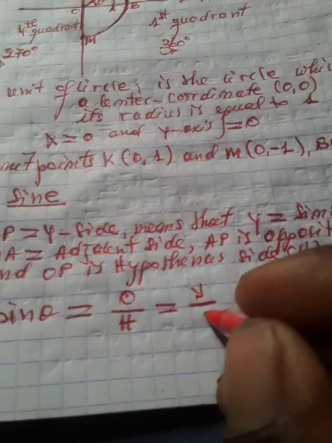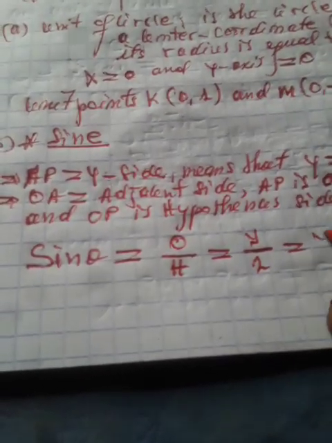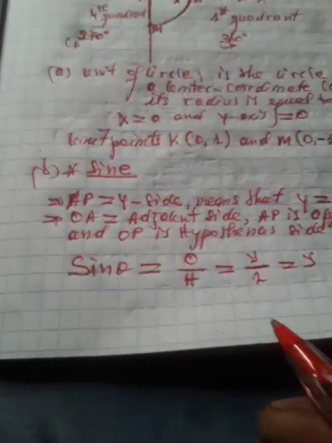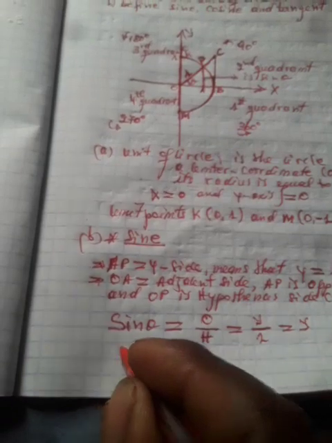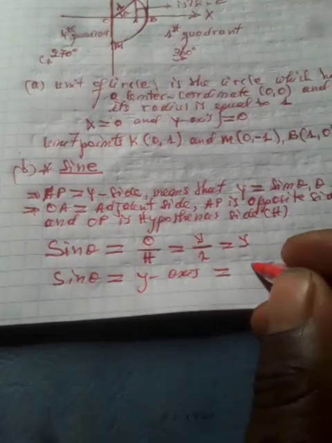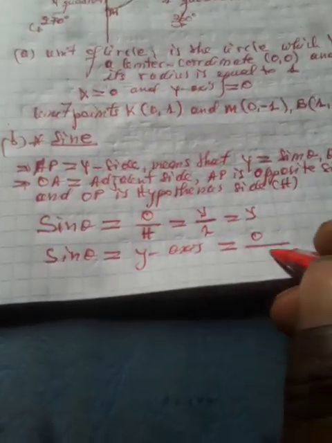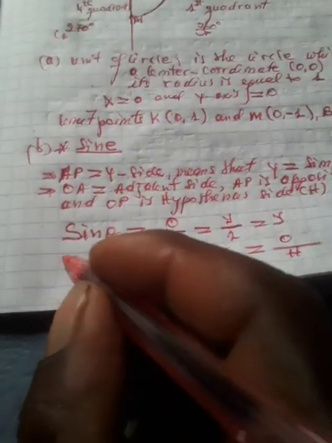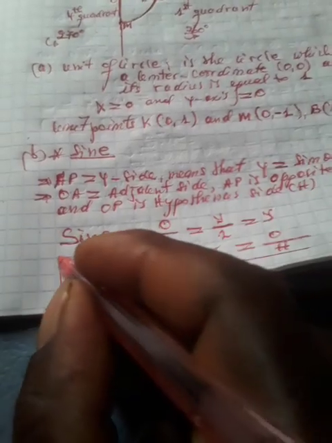Here we have 1 and it is equal to y. It means that sine theta is equal to the y-axis and is equal to opposite over hypotenuse. This is the meaning of sine. Now we are going to see cosine.